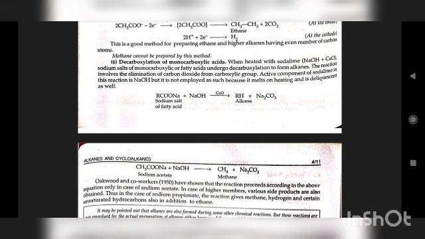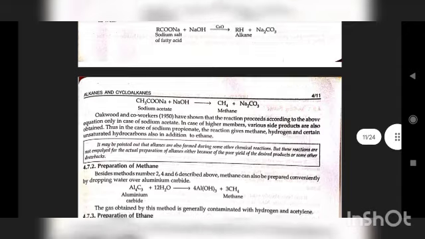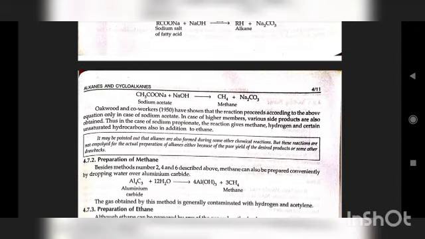Active component of soda lime in this reaction is sodium hydroxide, but it is not employed as such because it melts on heating and it is deliquescent as well. Sodium salt of fatty acid plus sodium hydroxide in presence of CaO gives alkanes plus Na2CO3. Example: CH3COONa plus NaOH gives methane plus Na2CO3.